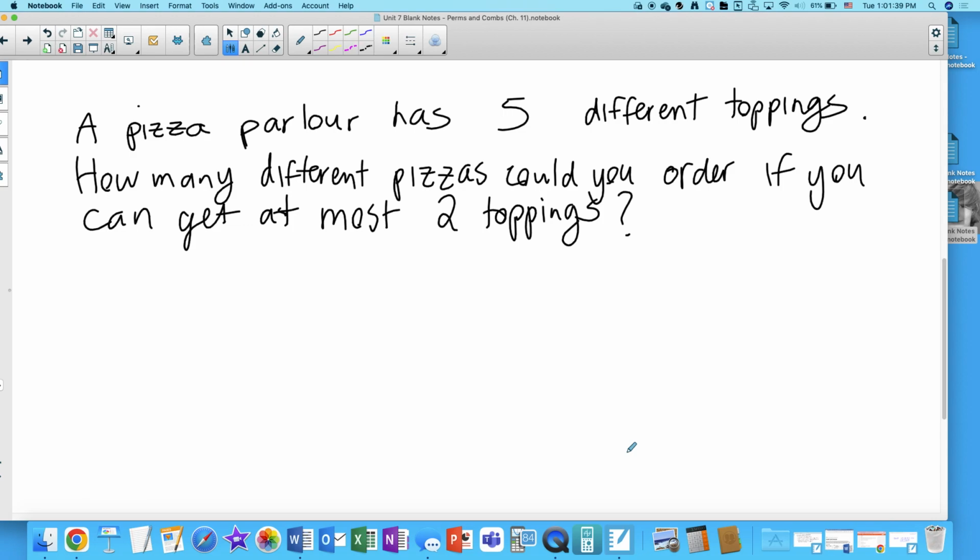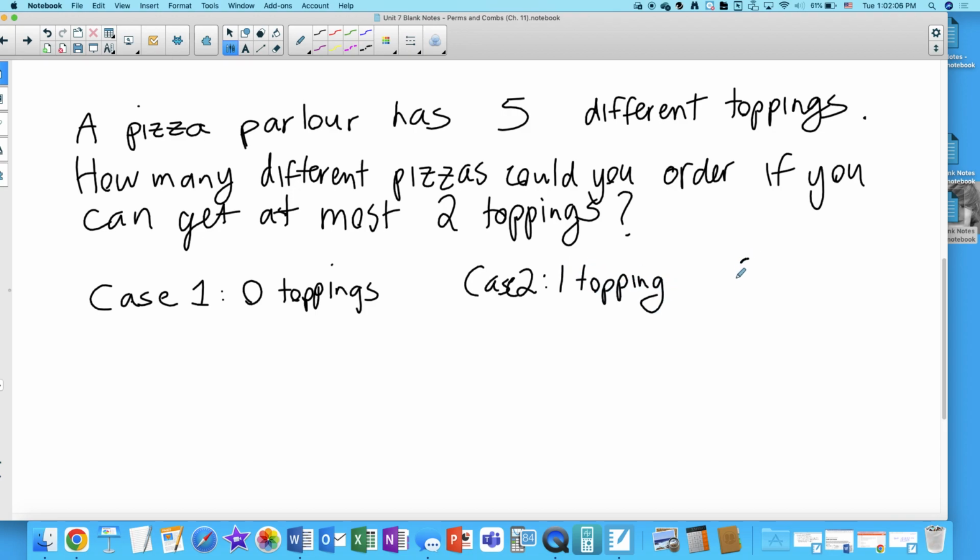So, yeah, this is a case scenario because you don't have to get 2 toppings. You can get 0 or 1 or 2, right? So the 3 cases, 0 toppings. Case 2, 1 topping. And case 3, 2 toppings.